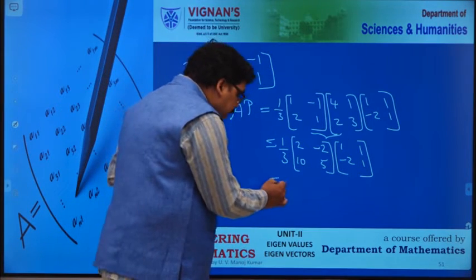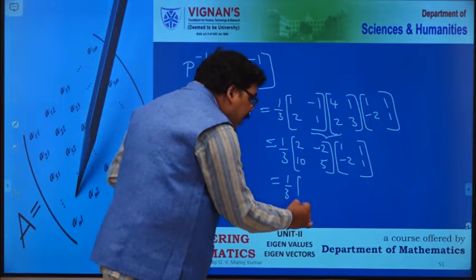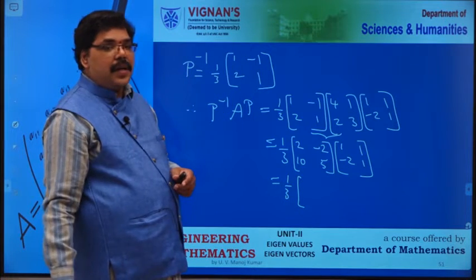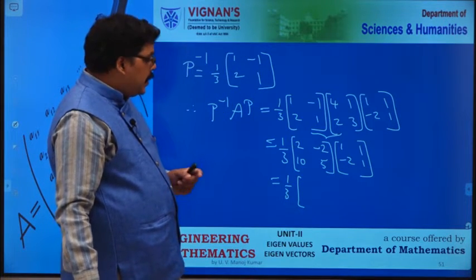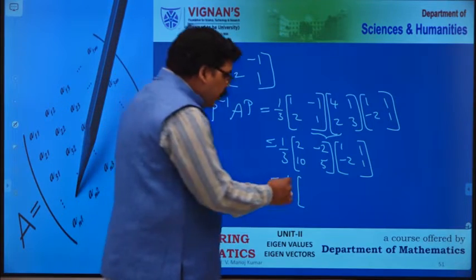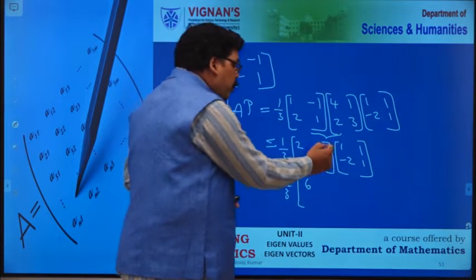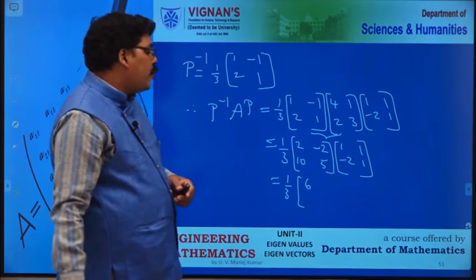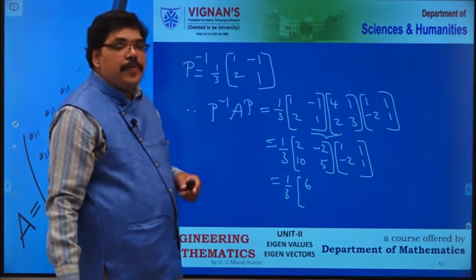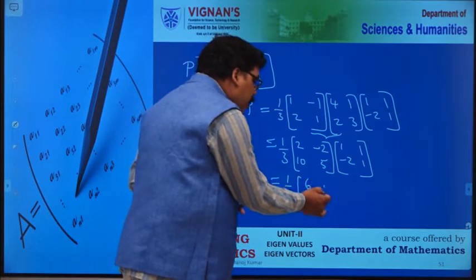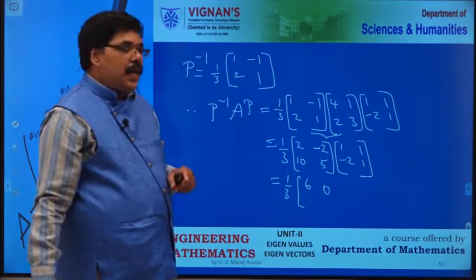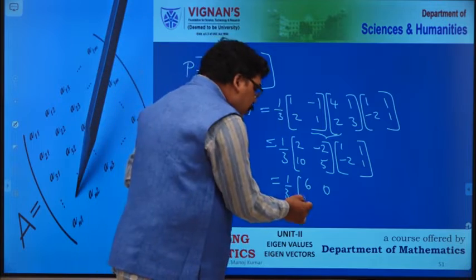When you multiply the resultant matrix with the third matrix, first row and first column: 2 plus 2 plus 4, it will be 6. First row, second column: 2 minus 2 becomes 0. Second row, first column: 10 minus 10, 0.